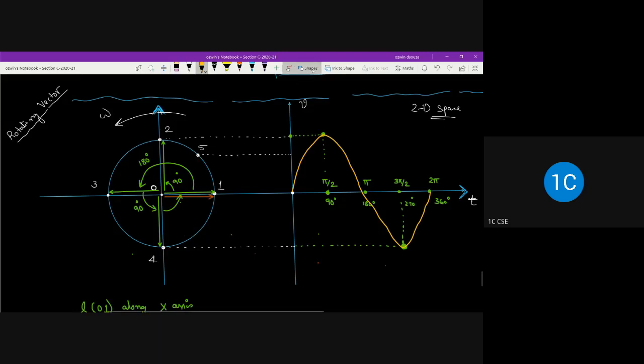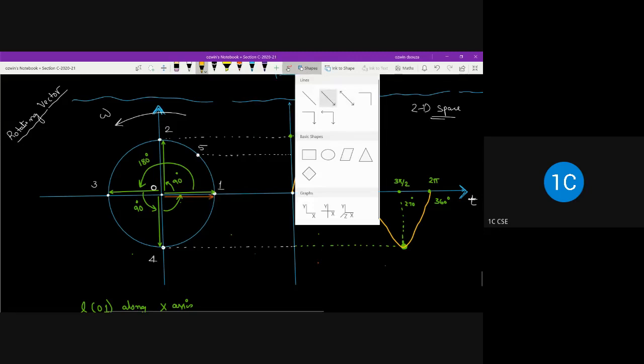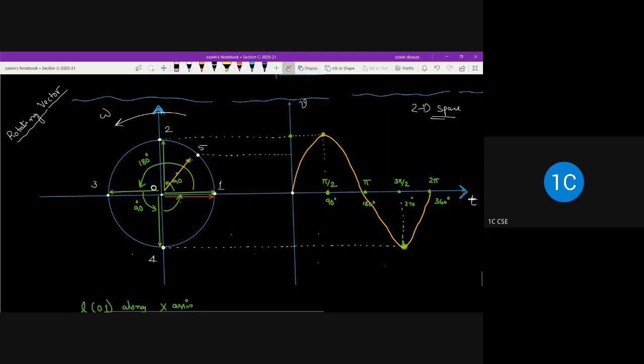Now, what if the inclination is some theta? Let's say position 5. So in position 5, the vector is rotated by an angle theta, some acute angle theta.